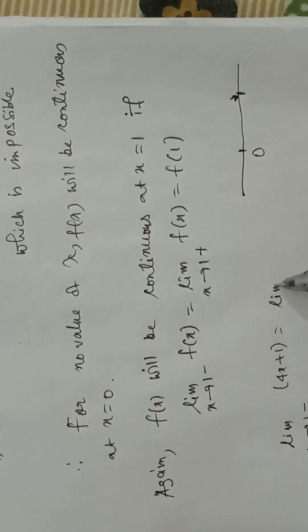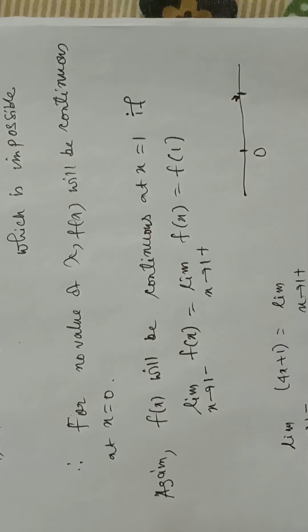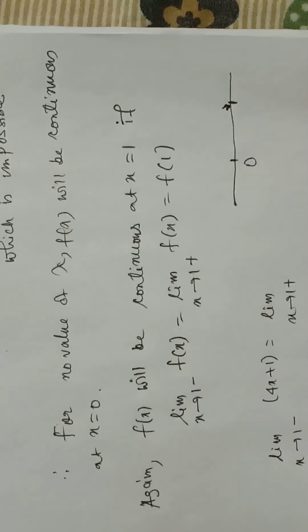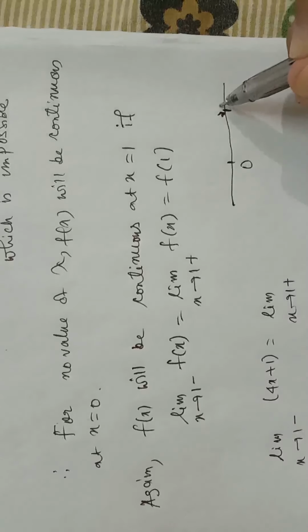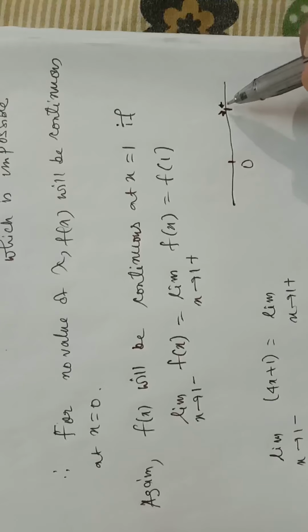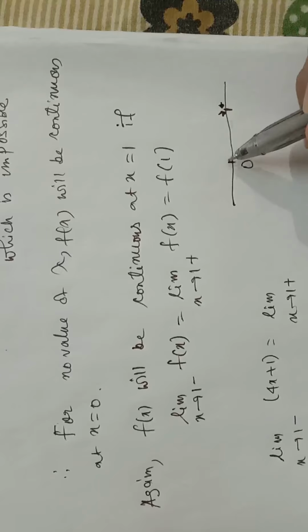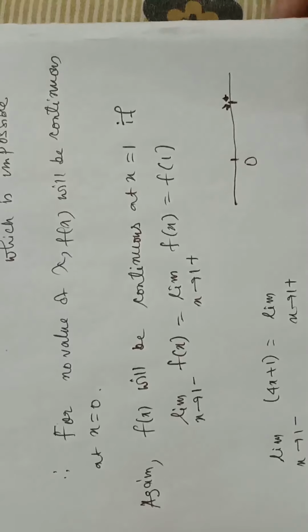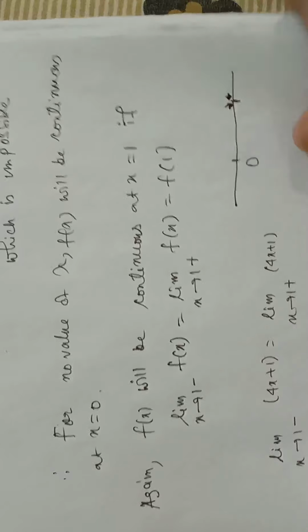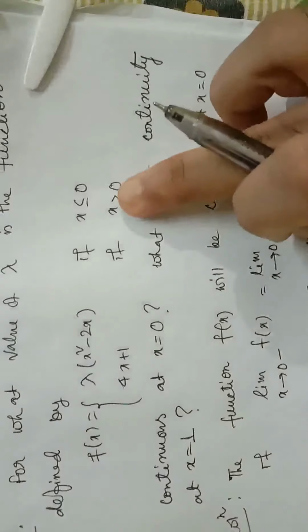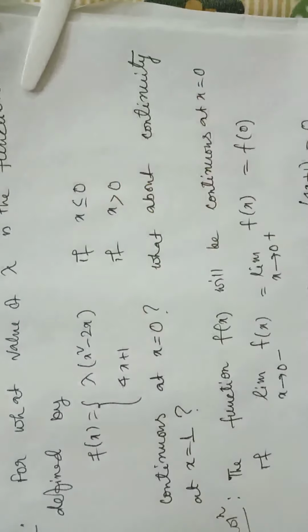Next, limit x tends to 1 plus means x is greater than 1 and very near to 1, approaching 1 from the right hand side. Here x is again greater than 0, and when x is greater than 0, the value of f(x) is 4x plus 1.